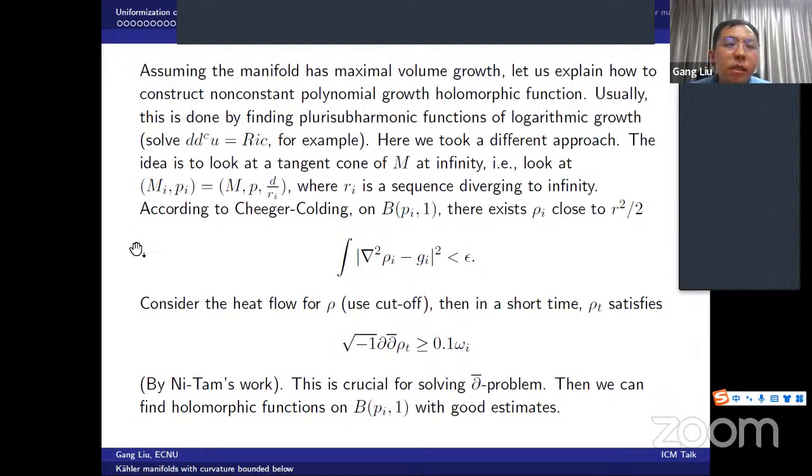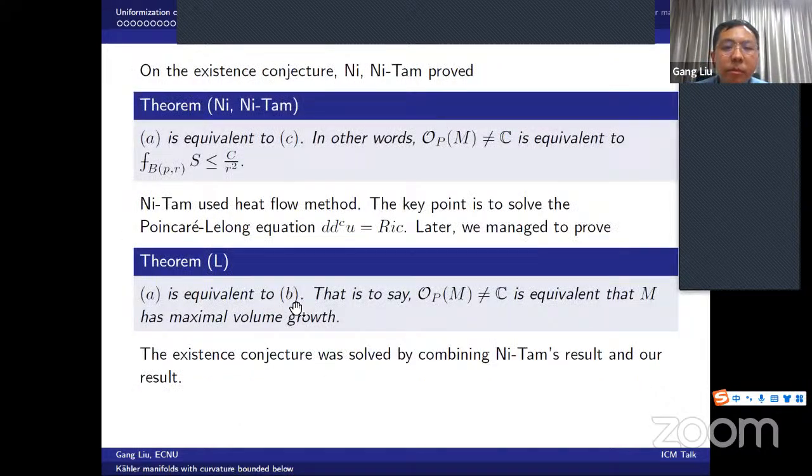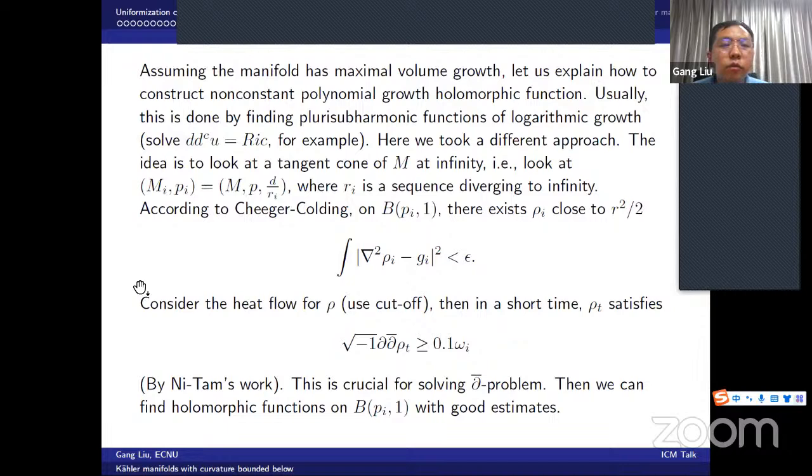Now let me explain a little bit how to construct a non-constant polynomial growth holomorphic function. Assume the manifold has maximal volume growth. Usually this was done by finding a PSH function of logarithmic growth, then you can solve with Hörmander's L2 estimate for d-bar. Here we take a different approach. The idea is to look at the tangent cone of M at infinity.